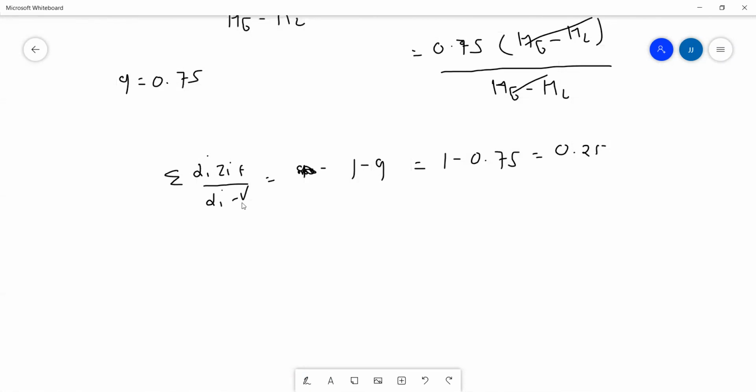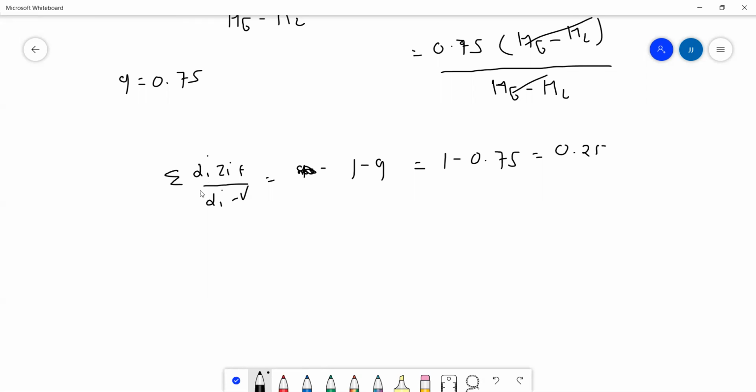Now this is the summation of the individual relative volatility multiplied by the individual mole fraction in feed. This is iF, that means in feed. So let me write this.